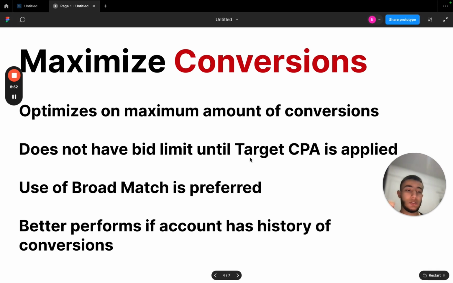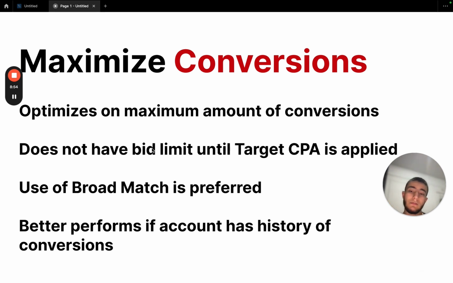But there is a catch. Google Ads maximize conversions doesn't have a bid limit. That's the biggest downside of this bidding strategy. But it can still be applied with target CPA, so target cost per acquisition or target cost per conversion. You will have a bid limit.